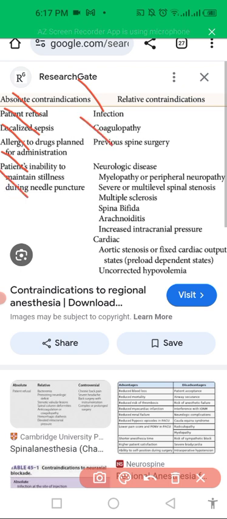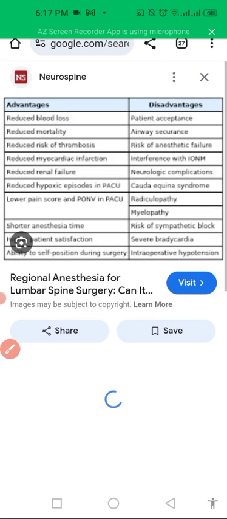These are contraindications. In these conditions, there should be no spinal anesthesia performed, or any neurological disorders like myelopathy, spina bifida, arachnoiditis, or aortic stenosis.